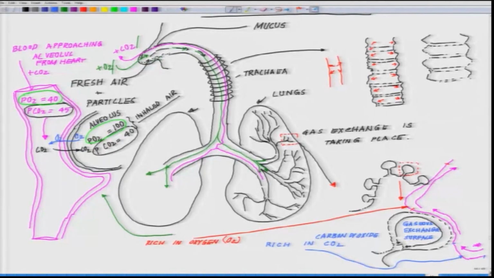And now, if you have understood this exchange, there is another level of exchange. What I wanted to show is that this is the exchange which happens in the alveolus, but when we talk about the exchange for this pure blood which is traveling from the aorta to the rest of the tissue, the exchange is slightly different, where the tissues will be needing oxygen.